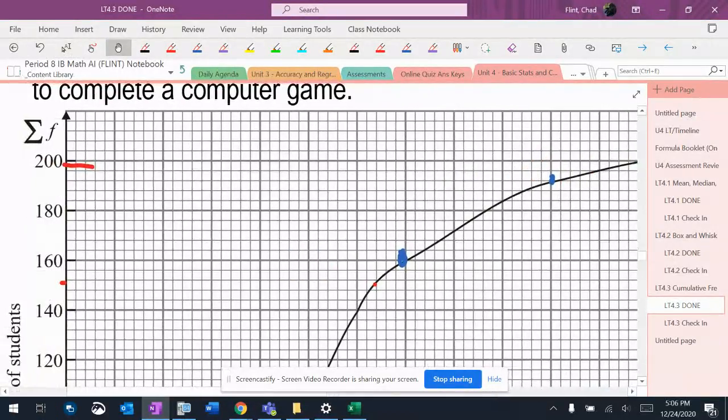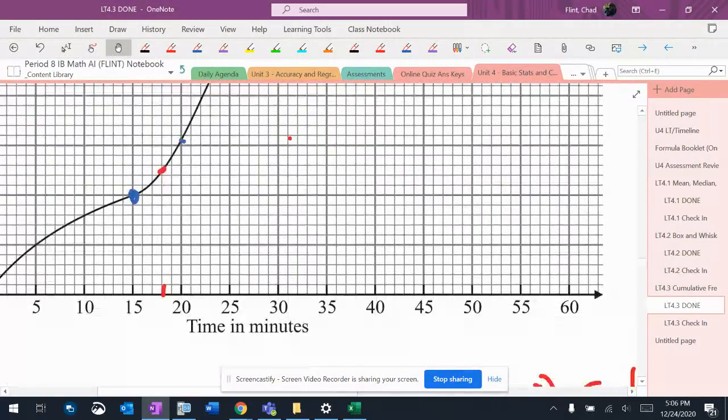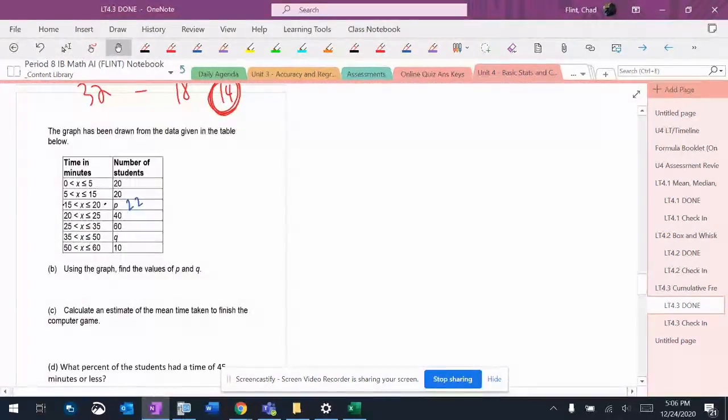So 150 to 192. So 92 to 150 is 42. So 150 to 192. That's 42. All right. Now that total should add up to 200, so I can see if I'm right, and I'm definitely not. So it's not going to add up to 200.